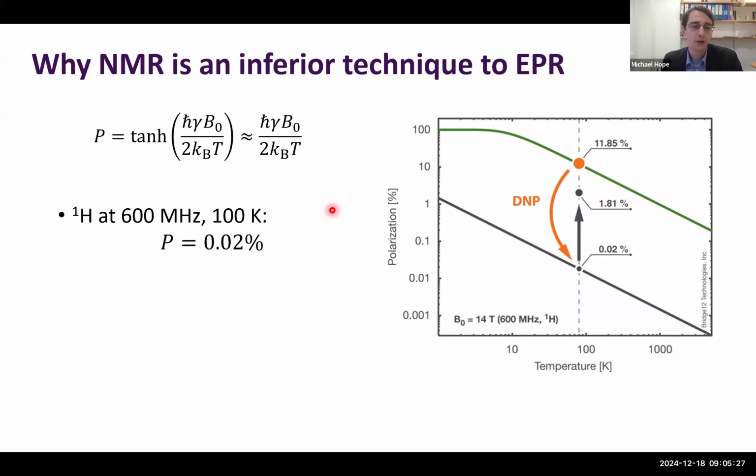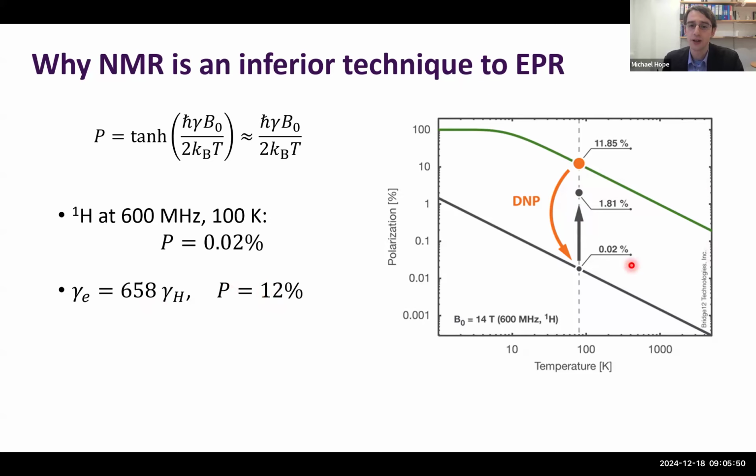If we think about doing proton NMR on, say, a 600 megahertz spectrometer, even at a low temperature of 100 Kelvin, we only have a polarization of around 0.02%. Whereas for electrons under the same conditions, the gyromagnetic ratio is almost 3 orders of magnitude bigger, and so we have a polarization of around 12%.